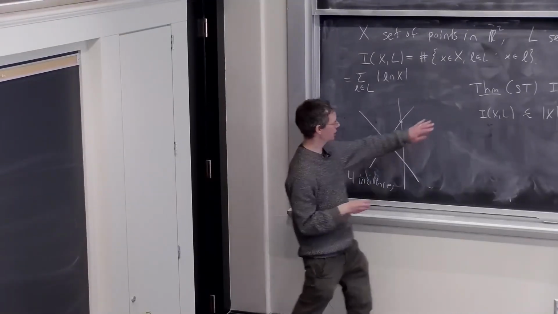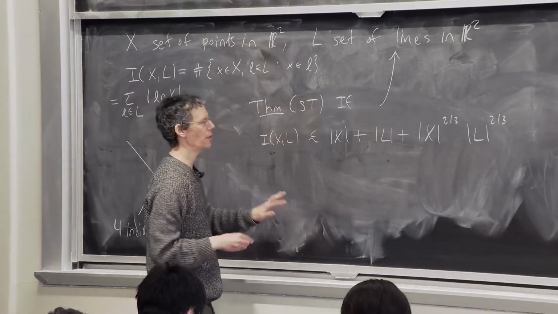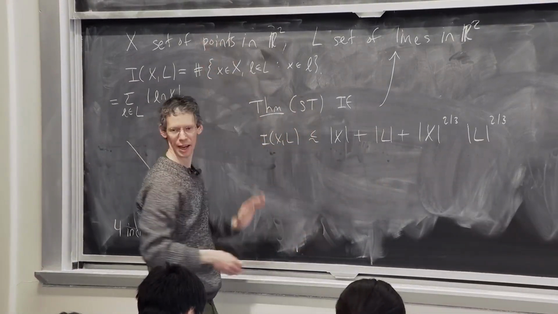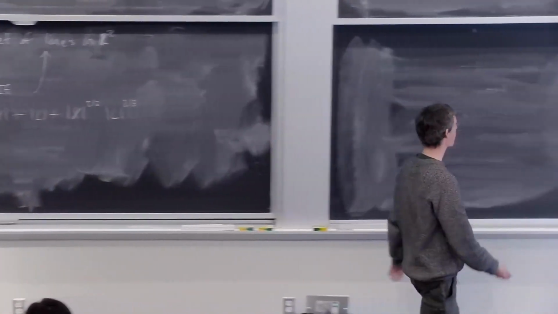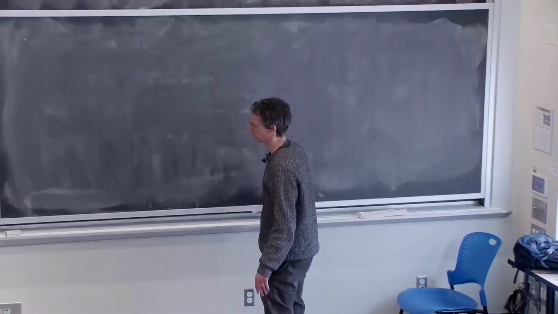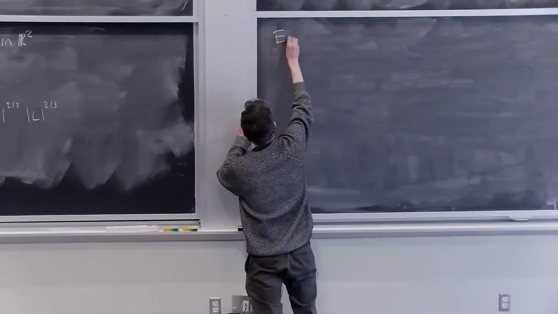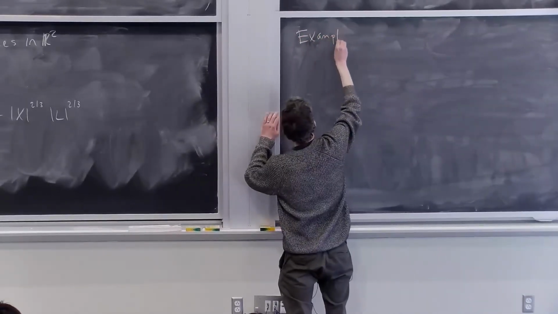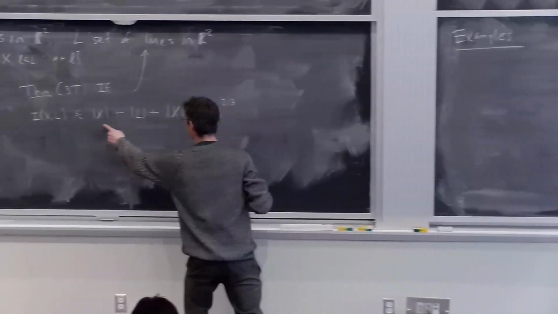OK. Let's look at some examples to see where this comes from. The examples will also remind us of the connection with projection theory. So how could we have X incidences?